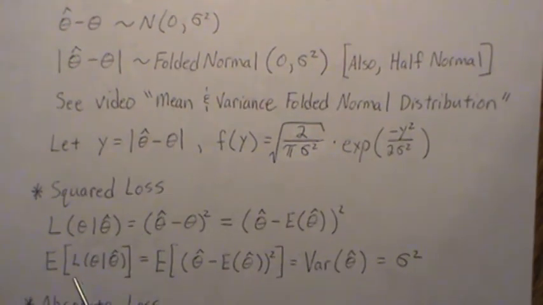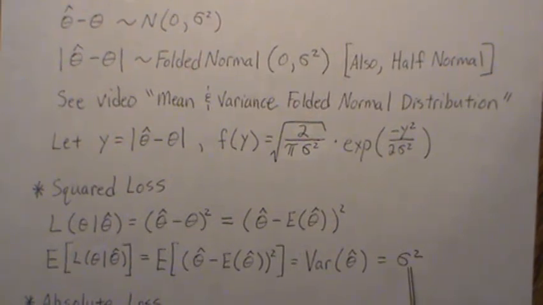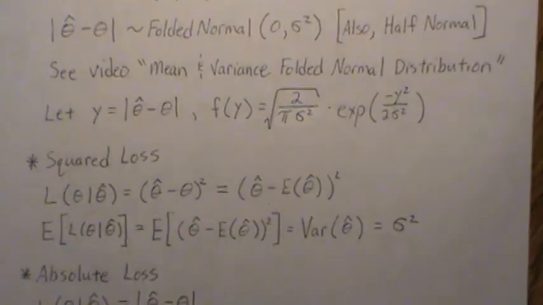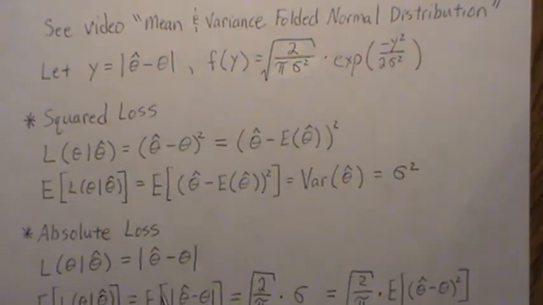Now we want to take the mean squared loss, sometimes called the risk. So the mean squared loss is this, and then we plug in here. But this is the formula for the variance of Thetahat. So it's just the variance, which we know is sigma squared. So that's squared loss.